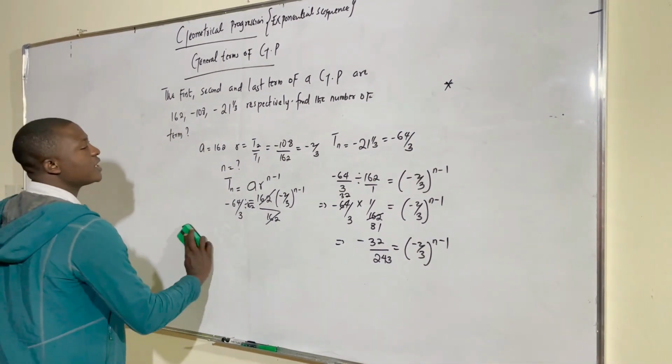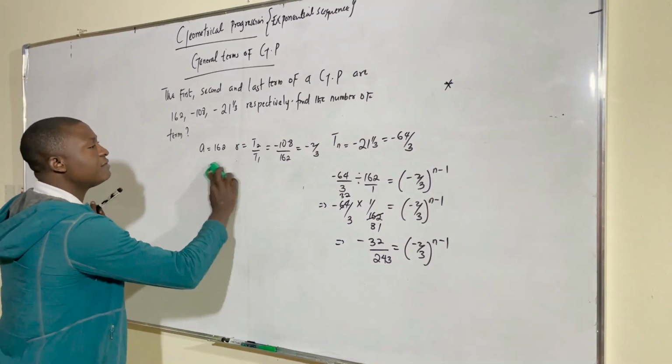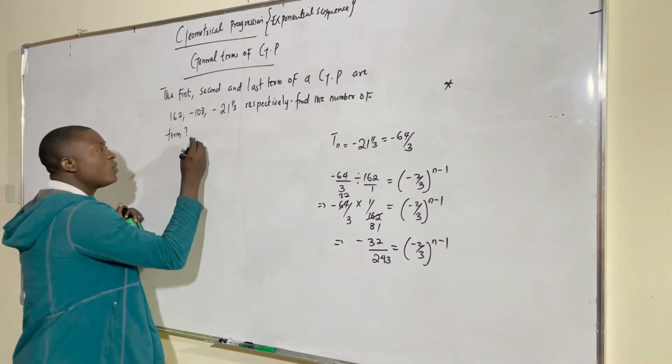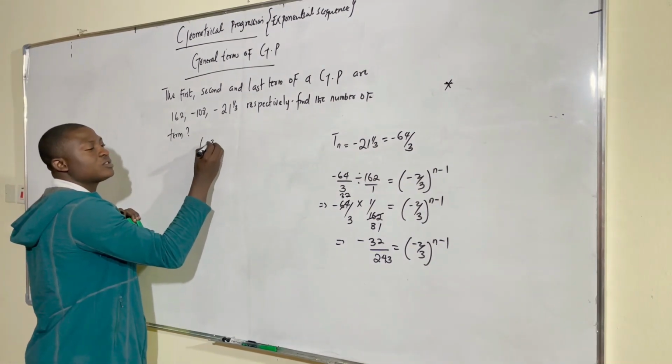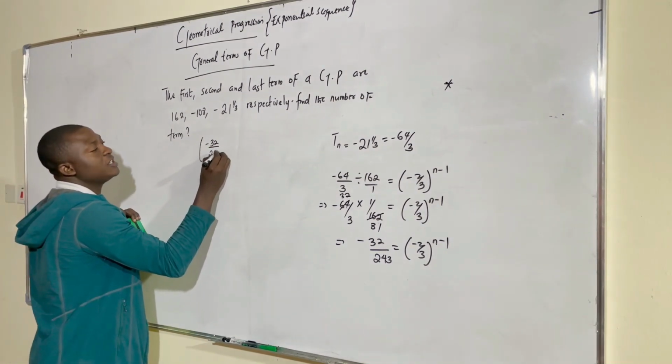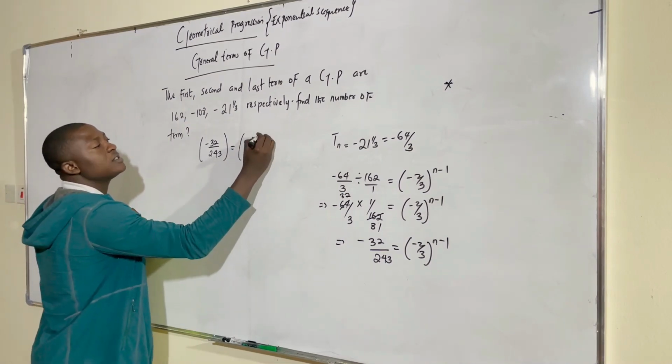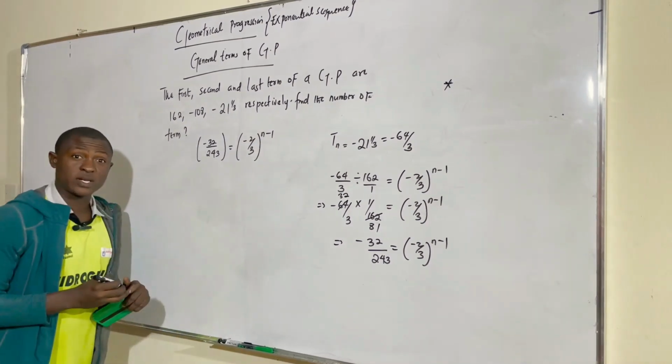So now we have minus 32 over 243 equal to minus 2 over 3 raised to the power n minus 1.